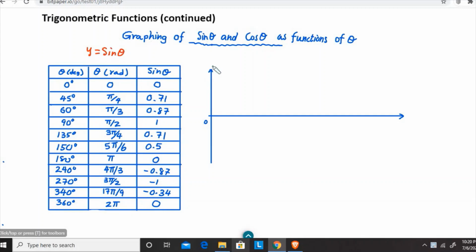So sine theta goes to the y-axis, which is going to be our dependent variable, and then theta is the independent variable. And let's consider it's measured in degrees over here. So if we plot these values, you're going to get a curve like this. You put the data points, and then you can connect them, and you will see something like this.